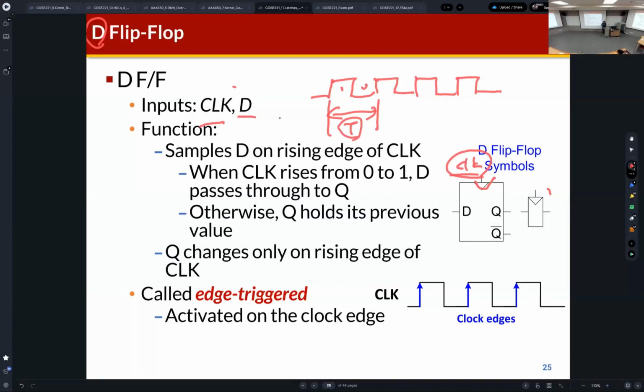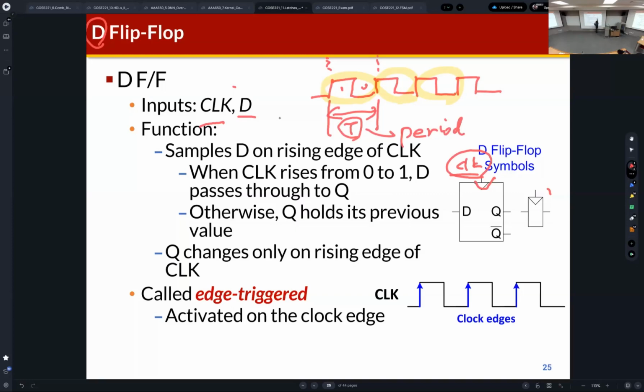In the clock signal, this part is just repeated, right? This part is repeated, repeated, repeated. So we define the time between these repeated parts as the period of the clock.